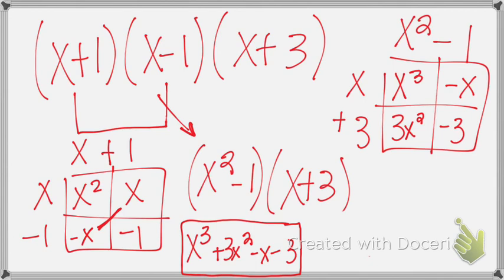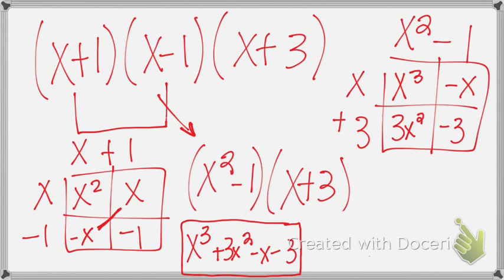So I started with 3 first degree polynomials. Does everybody agree? There's 3 of them and they're all first degree. And I ended with 1, what degree? Third degree. Now, a few minutes ago I said that multiplication was commutative, which means the order does not matter.